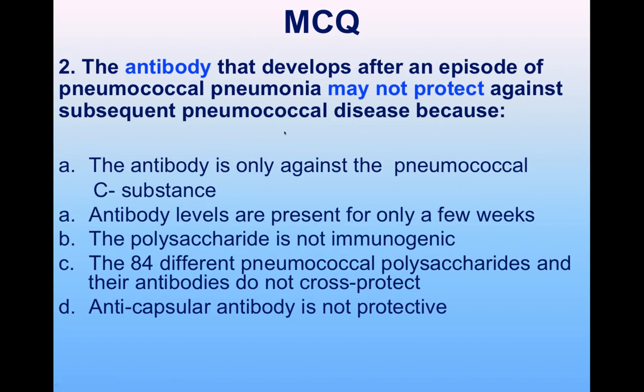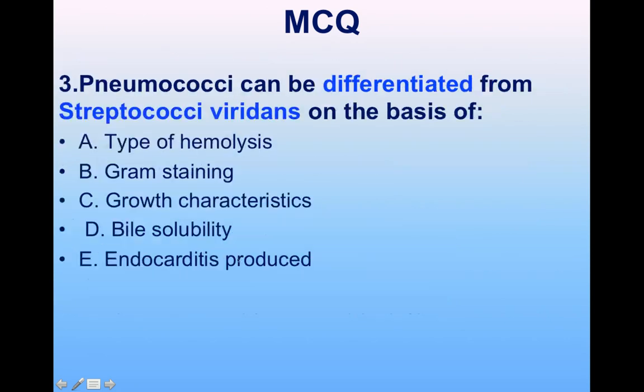The second question is: the antibody that may develop after an episode of pneumococcal pneumonia may not protect you from subsequent pneumococcal diseases. Why? Go through all the options and please come up with the right option. Pneumococci can be differentiated from Strep viridans on the basis of which of the following characteristics?